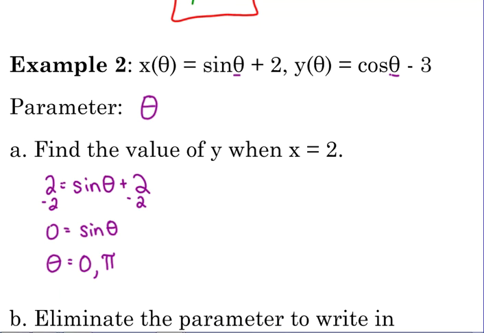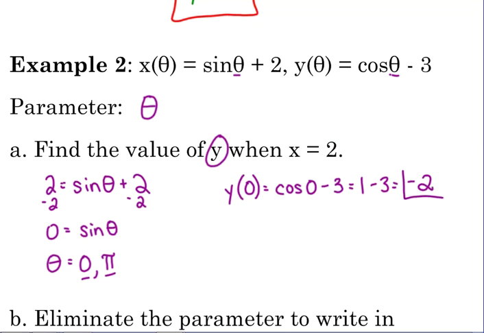So we found theta. We still haven't answered the question though. It says find the value of y. We have two options for theta, so we're going to have two answers for y. So y of 0 is equal to the cosine of 0 minus 3. The cosine of 0 is 1. 1 minus 3 is negative 2.